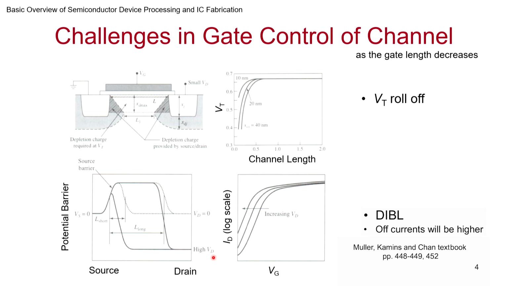But when you go to high drain bias, which you have to apply because if you want to drive the transistor, you have to apply drain bias, you find that the potential is distorted. This was the potential when VD was 0. When VD is high, it's coming down like this. Now, in a long channel, the effect probably doesn't show up at all, because the electron here does see this barrier, and it's not going to matter. So when the gate is off, it remains off.